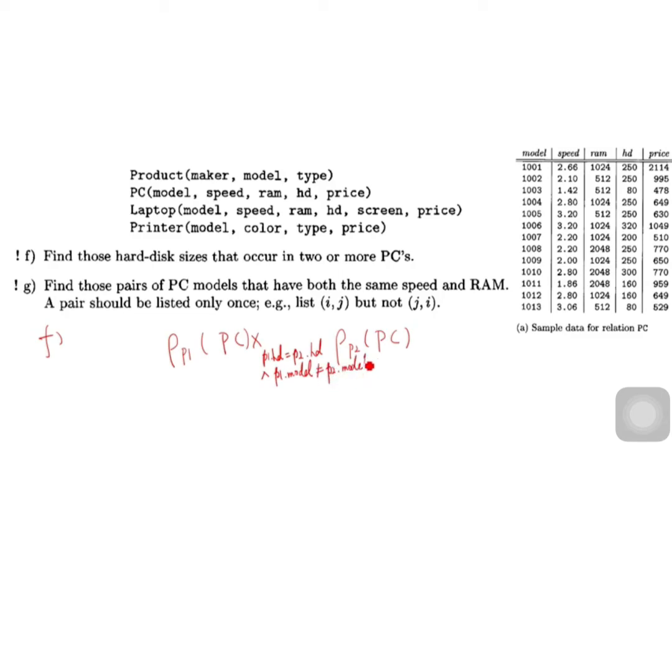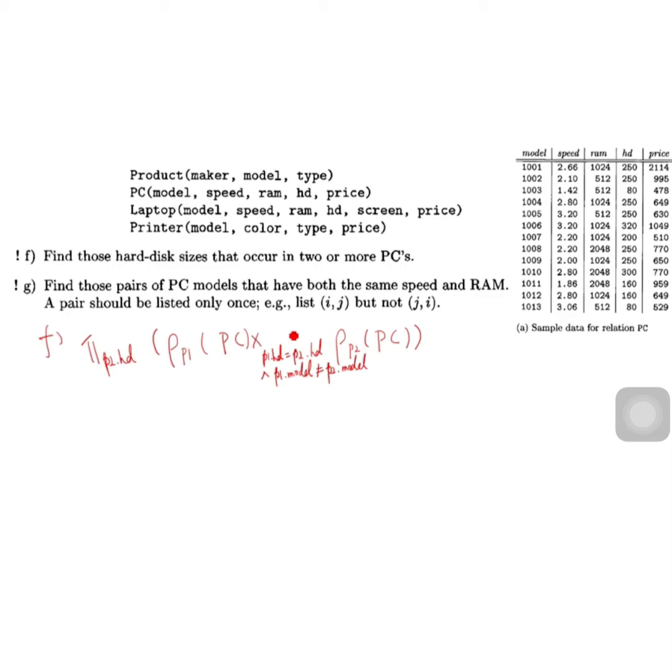If we can find a tuple like this, it means that this HD size occurs in 2 or more PCs. And then, because we want to find the HD size, pi P1 or P2 HD. Okay, this is one way.